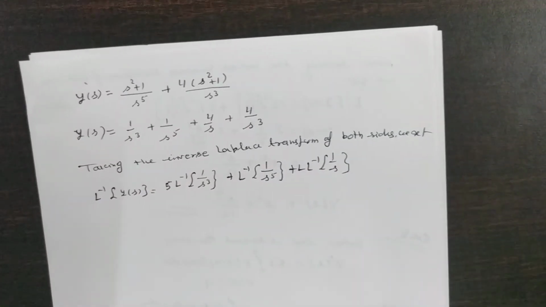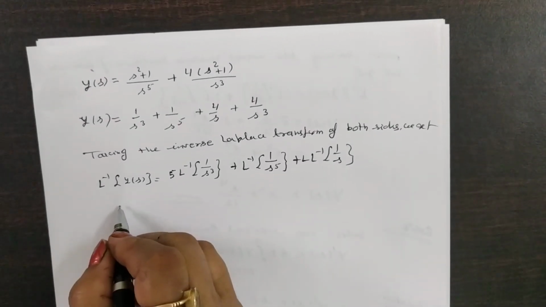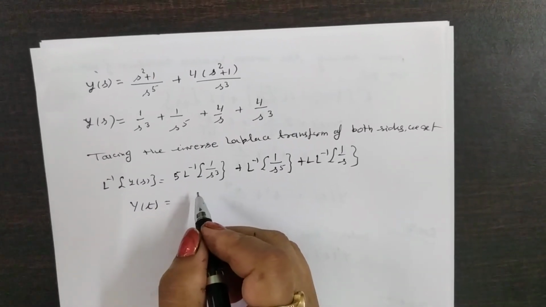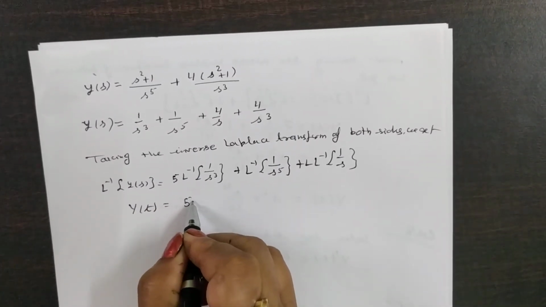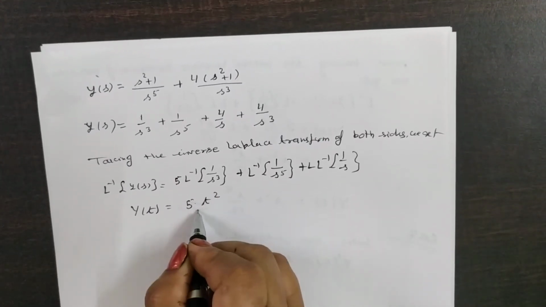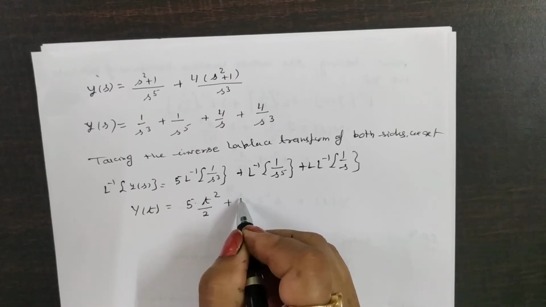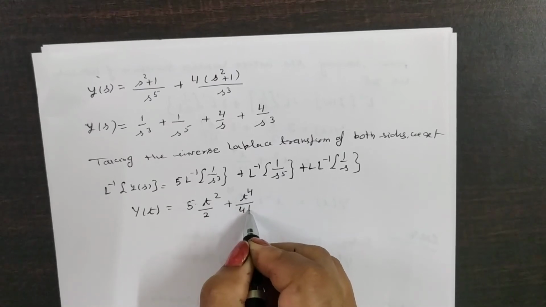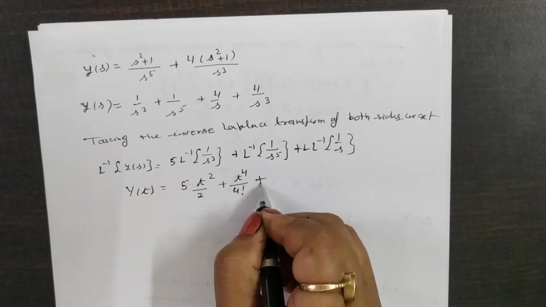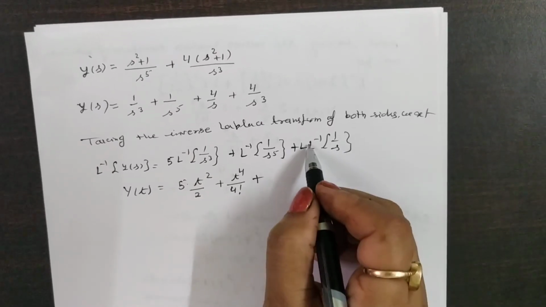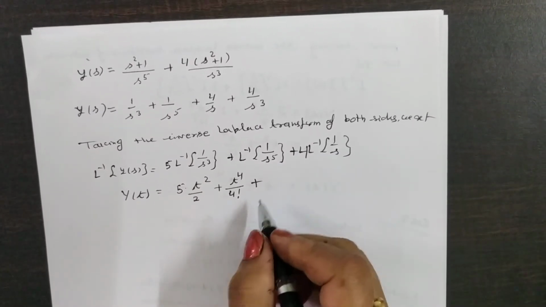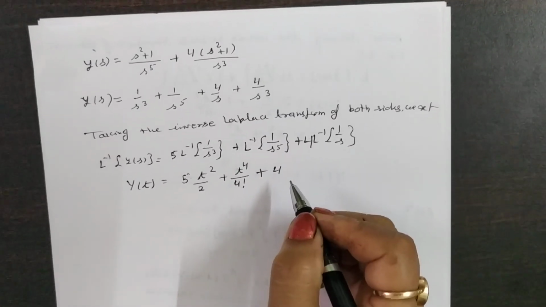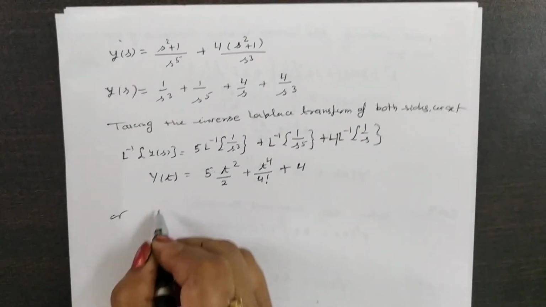Now we get all these values: y(t) equals 5 times t square by 2, plus t to the power 4 by factorial 4, plus 4 times the inverse Laplace of 1 by s, which is 4.